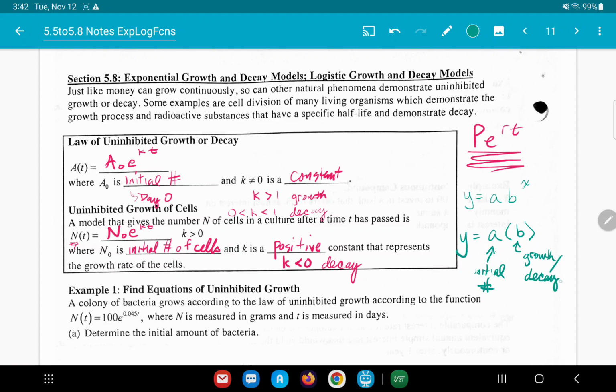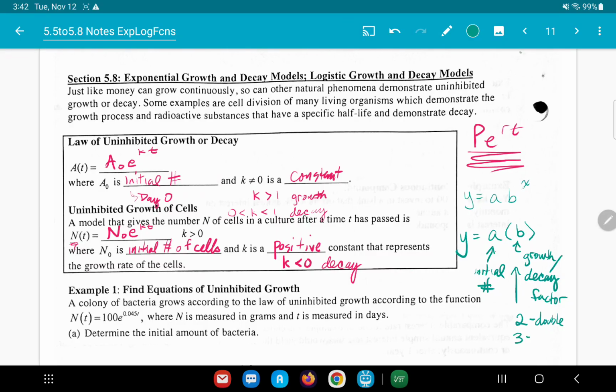And I'm going to give you some specific examples, actually. So let's say that we're talking about the number of bacteria or number of people, whatever we're looking at, and we had a value of, let's say, 2 in that b value. Then what that's saying is that the population is doubling, right?